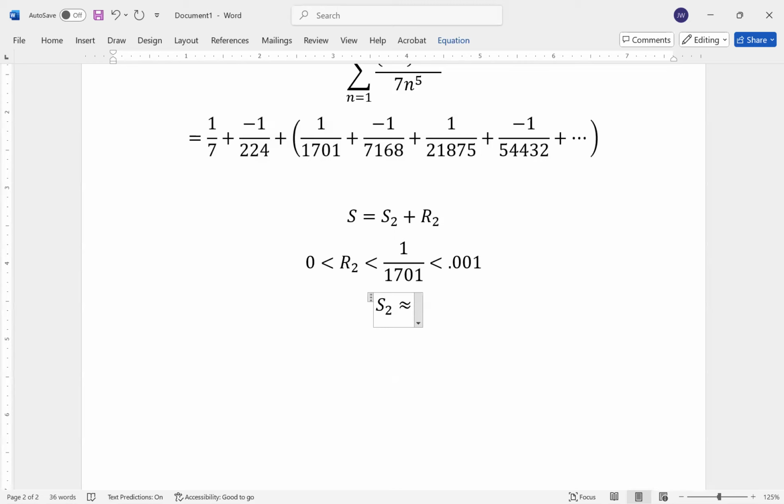So S2 is about 0.1383928571. That is within 0.001 of the actual summation. Move that over so it looks a little better.